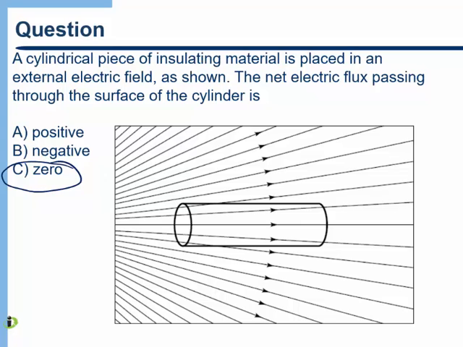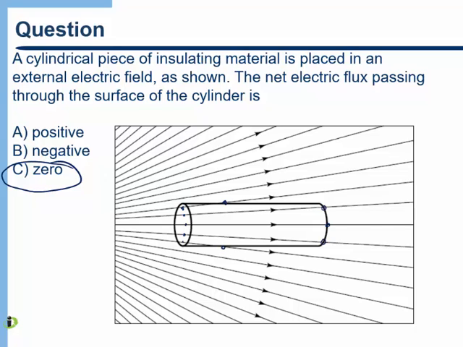Remember that electric flux fundamentally is just the way we measure the number of field lines coming in or out of a surface. So if you went back to that basic understanding of flux, you'll notice that 1, 2, 3, 4, 5 electric field lines went into the surface, but 1, 2, 3, 4, 5 field lines came out of the surface.